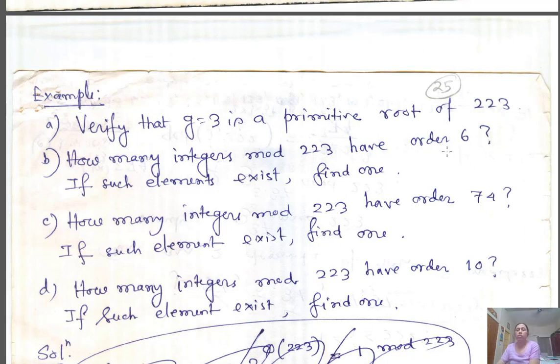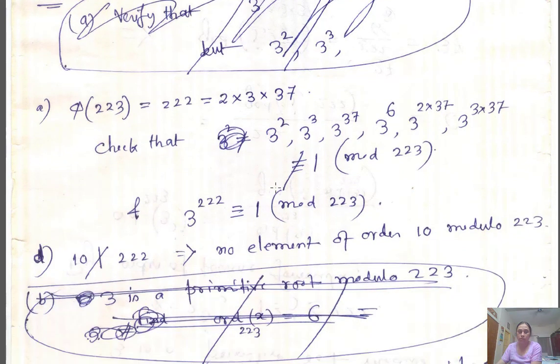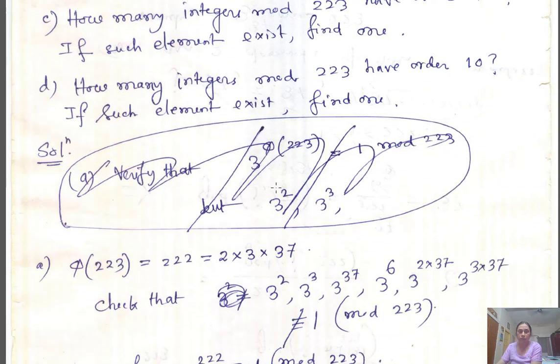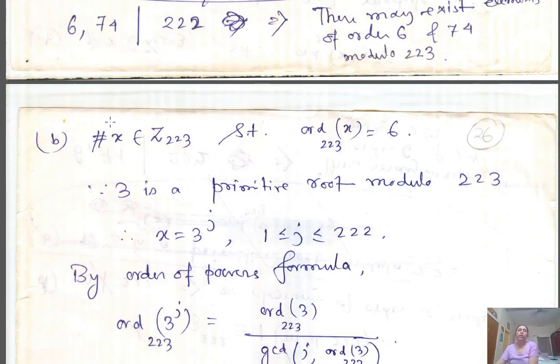For some element to have order 6, 6 must divide φ(223). So how many x are there in Z223 star such that its order is 6?